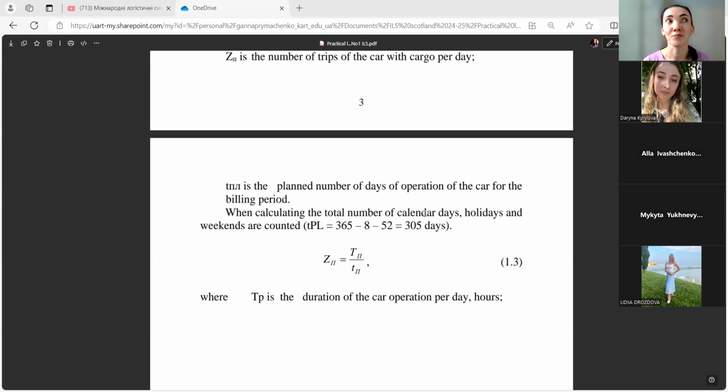If we decided holidays, weekends, and other days, for example, we can look near 8 days in the year. It is some holidays. And 52 days in the year, it is weekends.